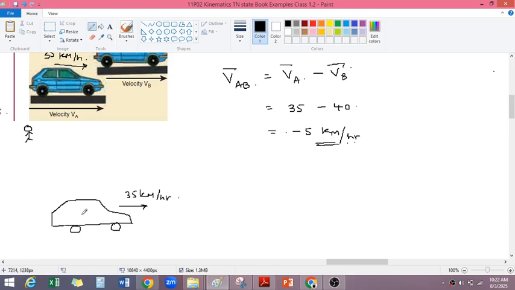This is car A. And car B, let's say it's coming this way now in the opposite direction. So that means it is 40 km per hour.